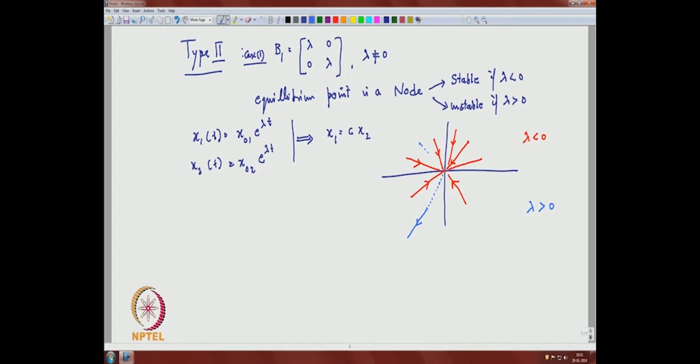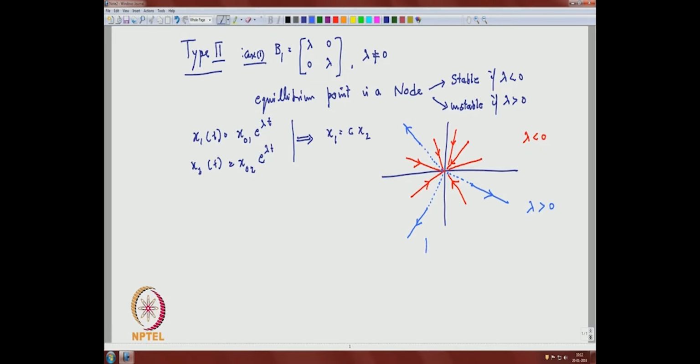So, trajectories are straight lines, and from the starting point it will go along this straight line. So, you will have instability.